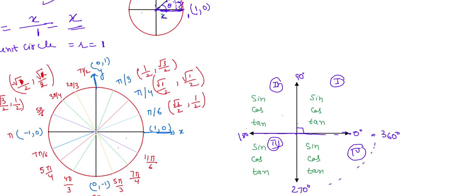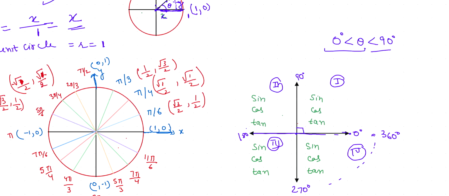Clear? So in first quadrant, the angle is between 0 to 90 degree. Here the angle is 0 degree. If the angle lies between 0 to 90 degree, then it is known as acute angle. Means the angle is greater than 0 degree but less than 90 degree.